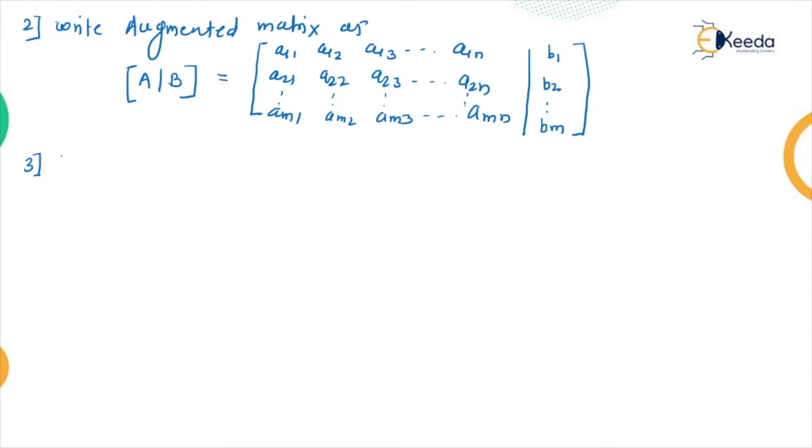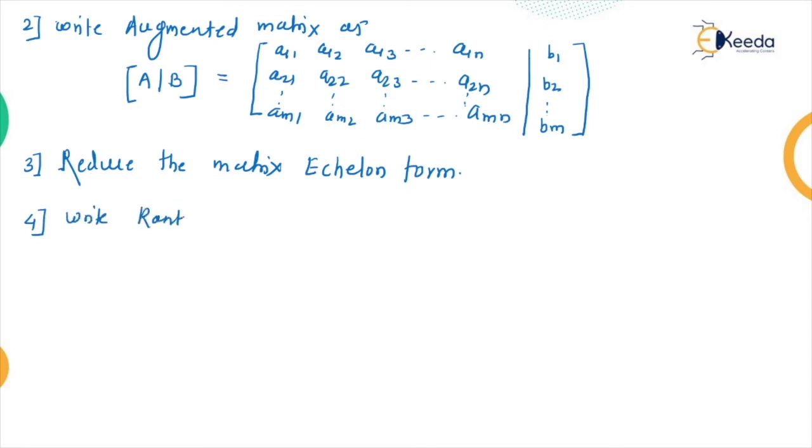Step number 3 is to reduce the matrix to echelon form. After reducing the matrix to echelon form, you have to write the rank of the matrix, that is step number 4. Write the rank of matrix A and the rank of the augmented matrix AB.